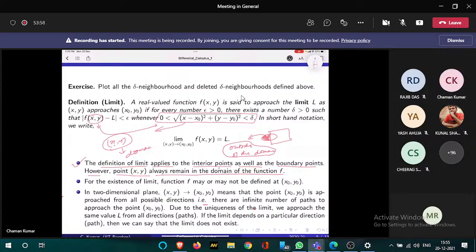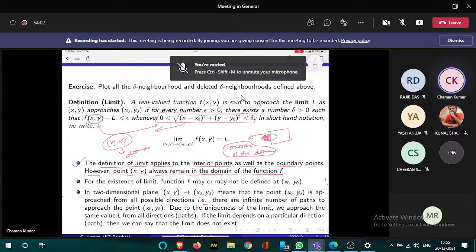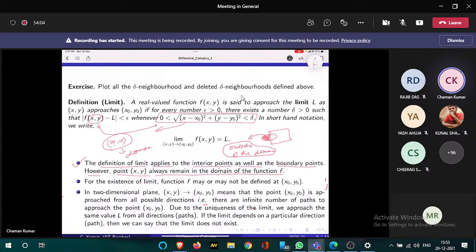Okay. So if you are finding the limit in the interior of the domain, so if this is the domain and x naught, y naught is in the interior of the domain, then you can have this kind of deleted neighborhood.